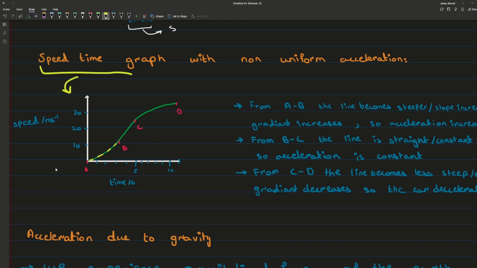Then from C to D, we can see that the steepness, the slope or the gradient of the line starts to decrease. The line starts to get flatter and flatter, and as the gradient of the line decreases, so does the acceleration. Now this is the graph for non-uniform acceleration in speed time graphs.